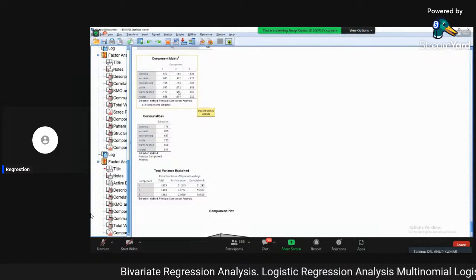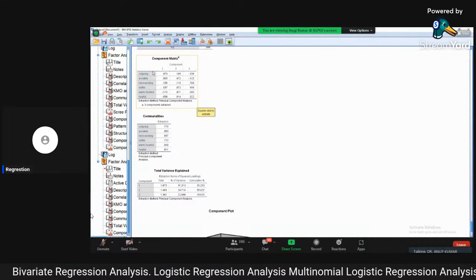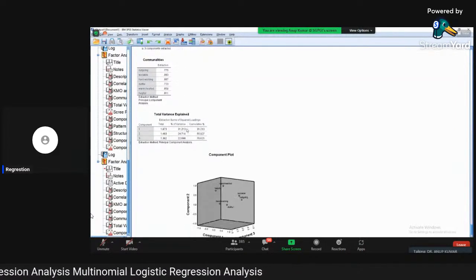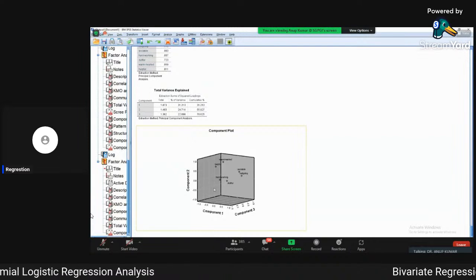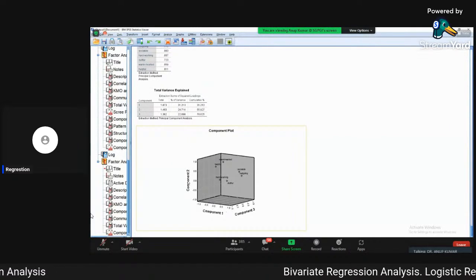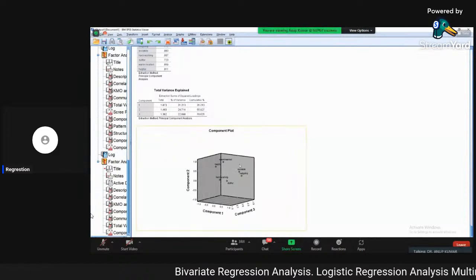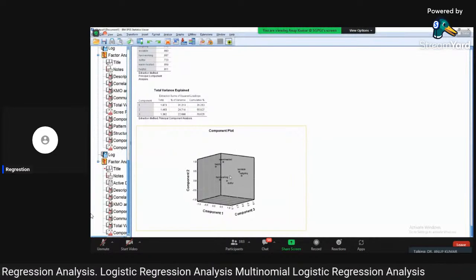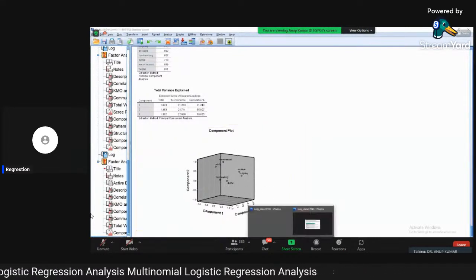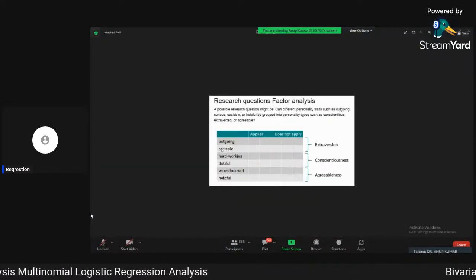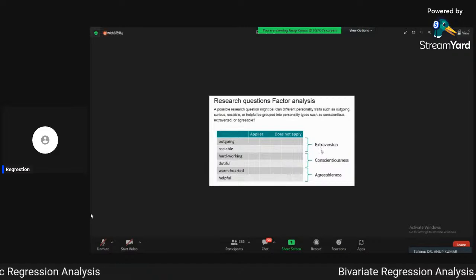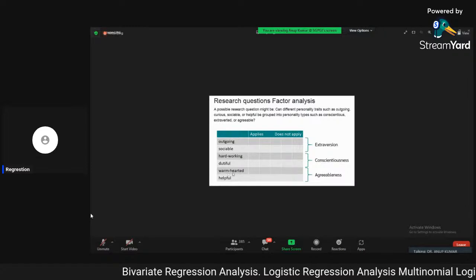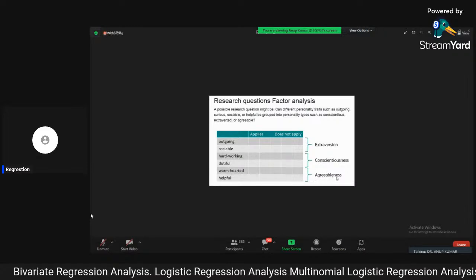So clearly this indicates that all these observable quantities can be reduced to 3 components. And this is a 3-dimensional plot of the components. Social and outgoing are close to each other, hardworking and dutiful are close to each other, and helpful and warm-hearted are close to each other. You can also see in this diagram that outgoing and sociable are the extraversion trait of the person, hardworking and dutiful is his consistency, and warm-hearted and helpful is his agreeableness.